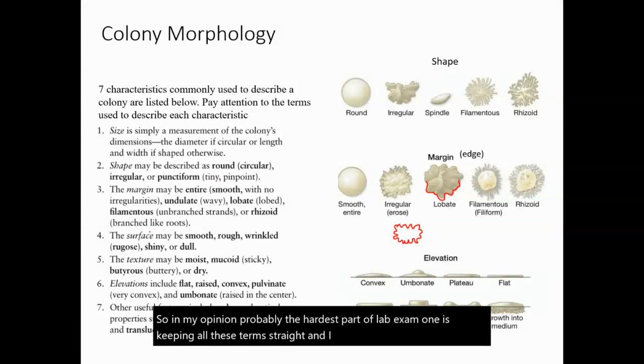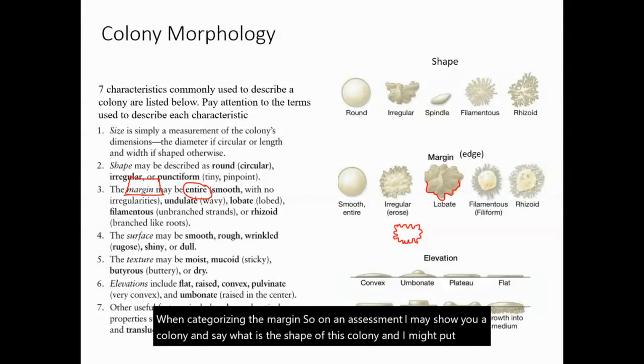So in my opinion, probably the hardest part of Lab Exam 1 is keeping all these terms straight. And I don't just mean what does a round colony look like, but knowing which term goes with which category. So if you look here at entire, this term is only used when categorizing the margin. On an assessment, I may show you a colony and say, what is the shape of this colony? And I might put entire as an answer choice.